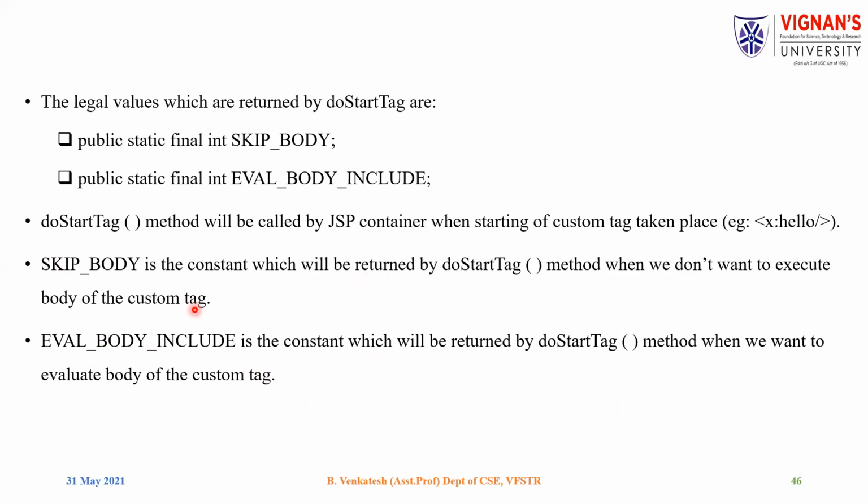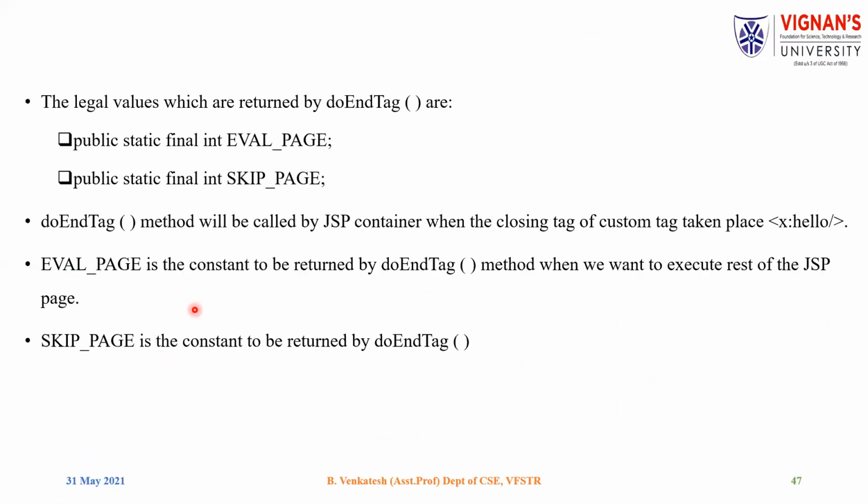Okay, if you want to evaluate the body of the custom tag, then we are going to use this EVAL_BODY_INCLUDE. Similarly, doEndTag is going to be invoked when the closing tag of the custom tag is reached. That means at the end of the closing tag, this doEndTag method is going to be invoked. It has EVAL_PAGE and SKIP_PAGE. The doEndTag returns EVAL_PAGE when we want to execute the rest of the JSP page.